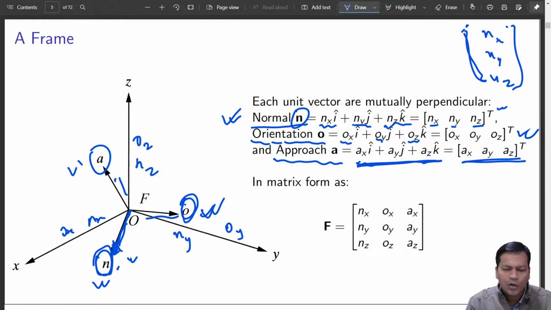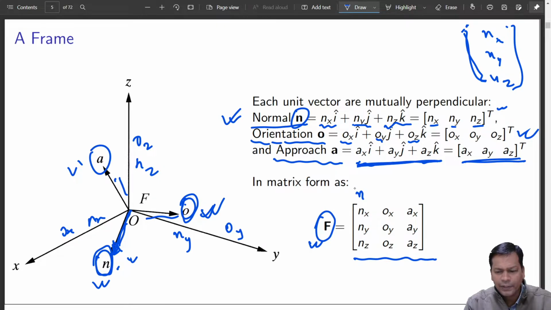Altogether, a frame F, a capital bold letter, is represented as a matrix like this. This is unit vector n, this is unit vector o, and this is unit vector a. These are three vectors and their projections along x, y and z.